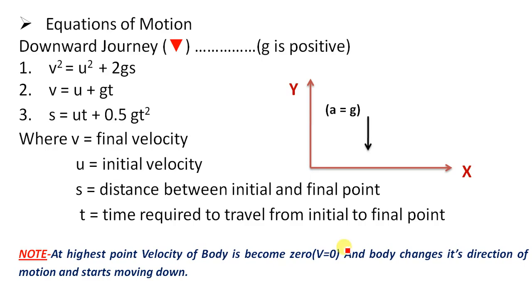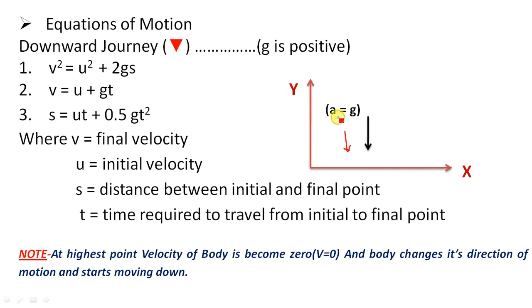Now when the motion is in downward direction, when the journey starts from top to the bottom, your journey is in downward direction, and you know that g is always in downward direction. So if you compare, both the motion and g have the same direction.